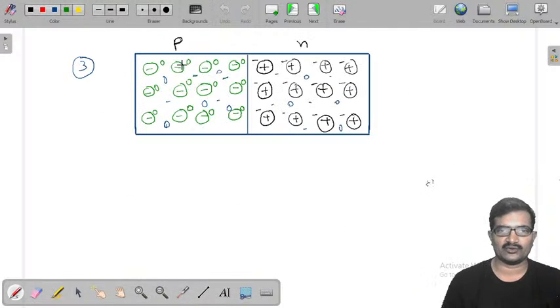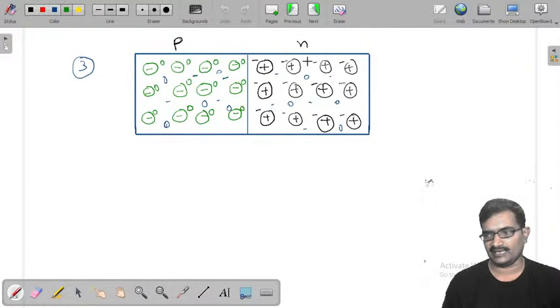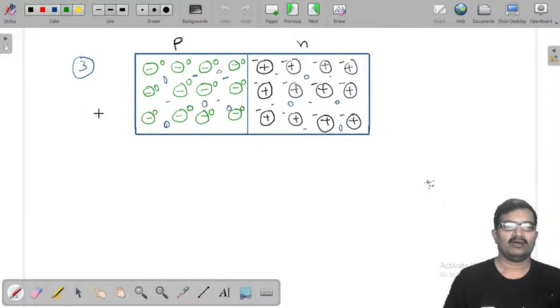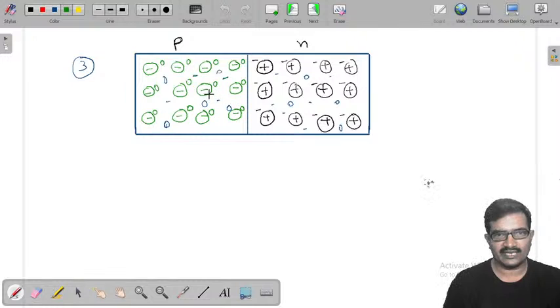After doping with the third group impurity, this region became a p-type semiconductor and this region became an n-type semiconductor. Now you observed one thing: in this region more number of holes and in this region less number of holes. Similarly, in the n region more number of electrons and in the p region less number of electrons.